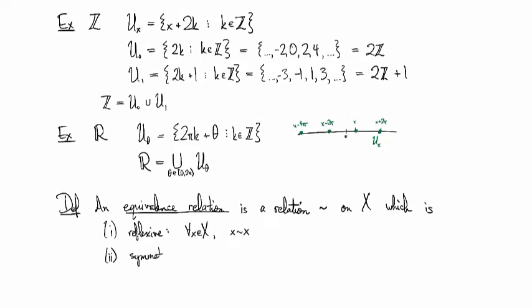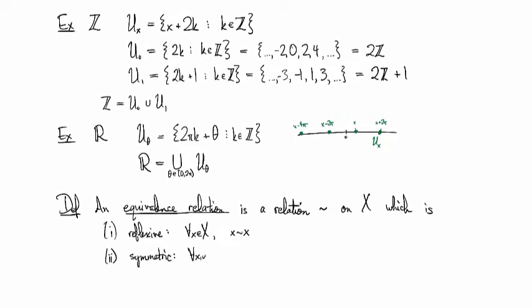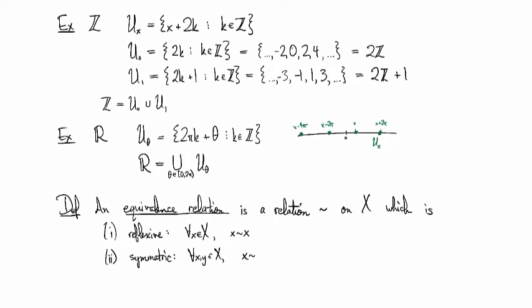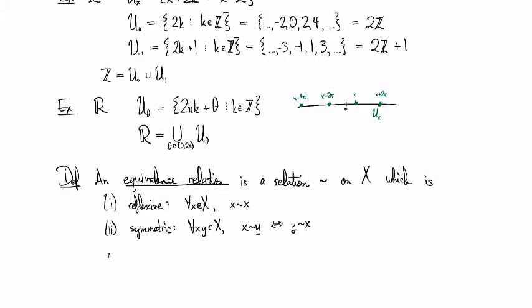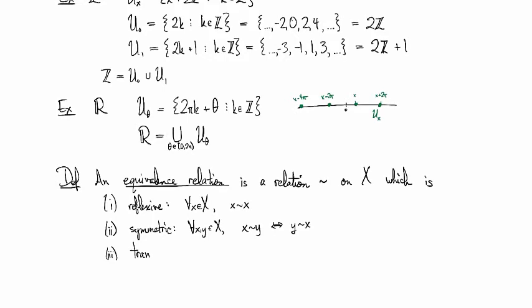So it needs to be reflexive. It also needs to be symmetric. This is for any two elements: if x is in relation to y, then it also has to be the case that y is in relation to x. And the third one, which is the most fun, is transitivity.